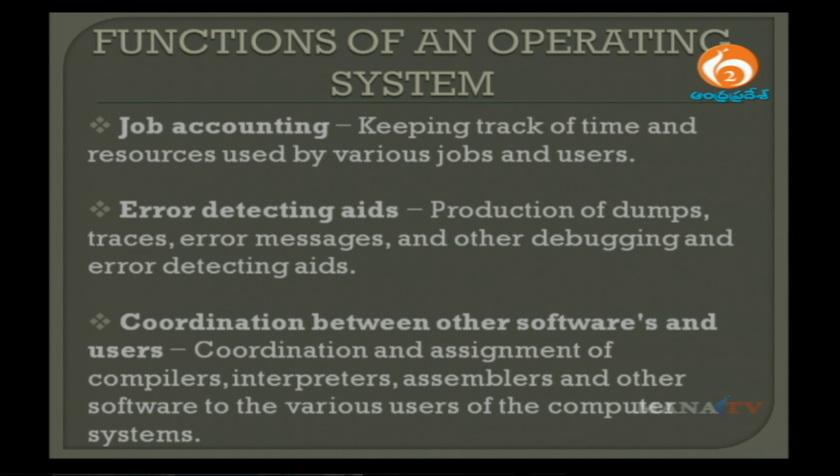So, this operating system will do the coordination between other softwares and users. So, this is what you just have to remember when I speak about the functions of the operating system.